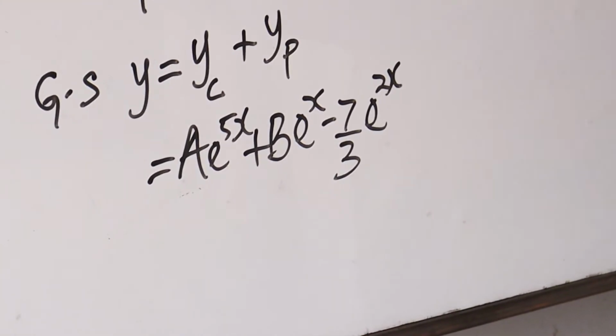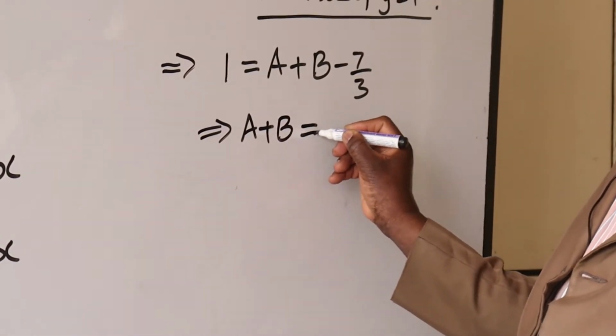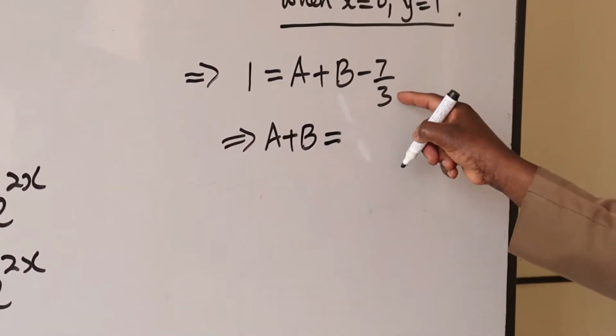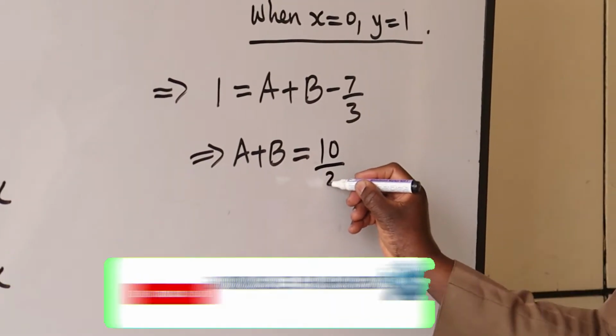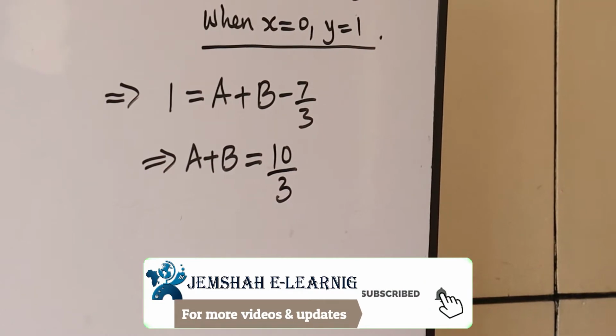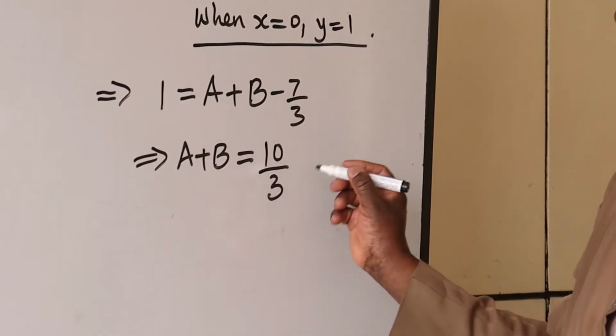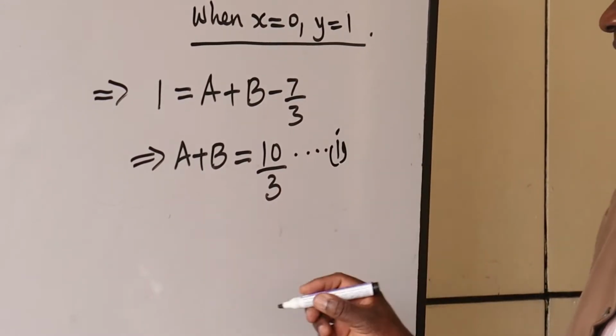This implies a plus b will be equal to 1 plus 7 all over 3, which gives us 10 all over 3. So a plus b is equal to 10 all over 3. We'll call this one equation 1.